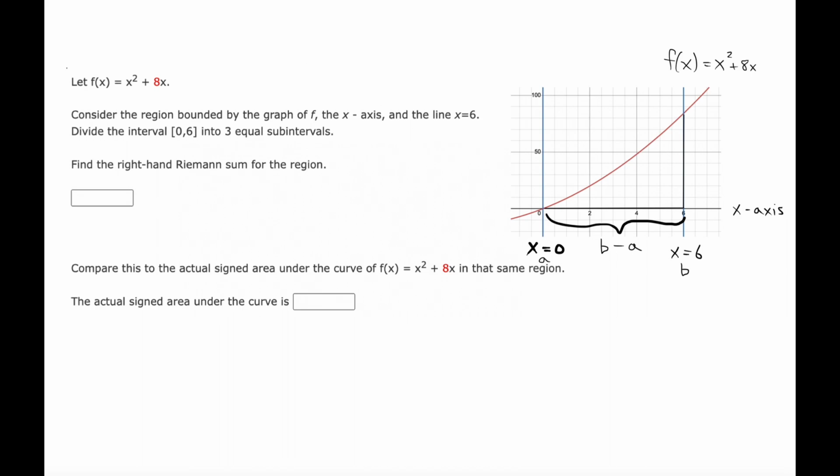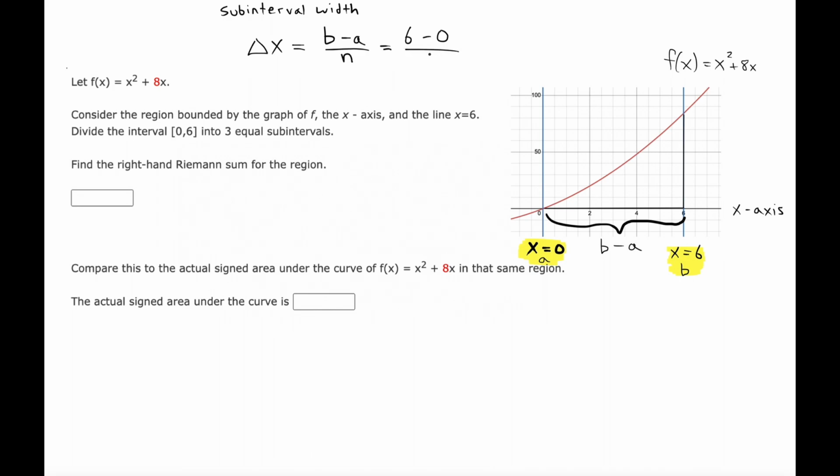Now, in order to find the width of the subintervals, we can use a formula. Delta x equals (b minus a) over n. This is for the subinterval width. So plug in the right side of the interval, which is 6, and then we'll plug in the left side of the interval, which is 0.